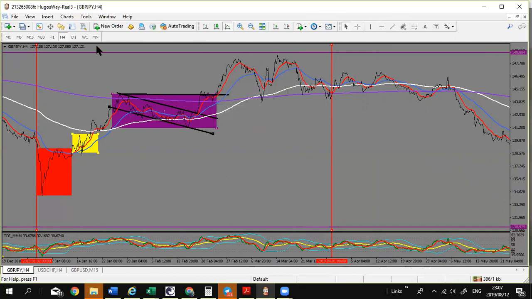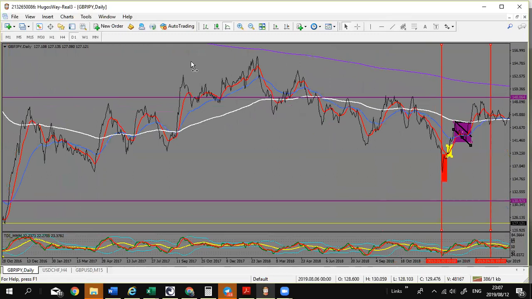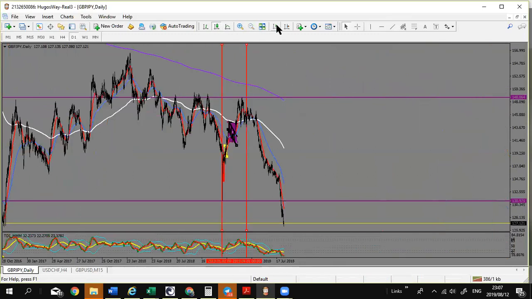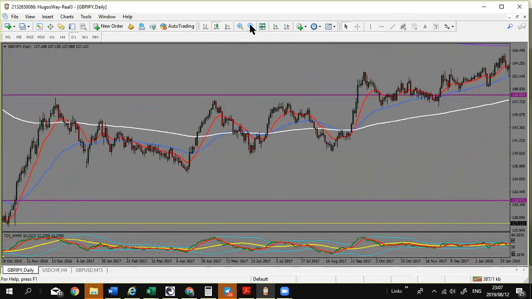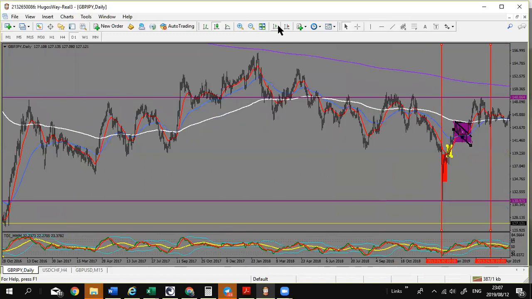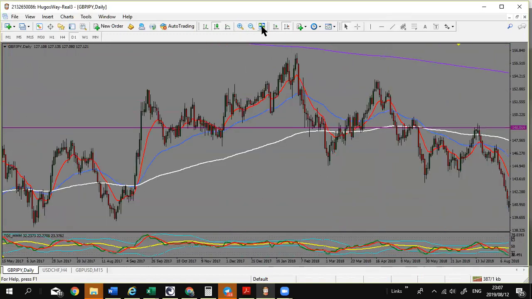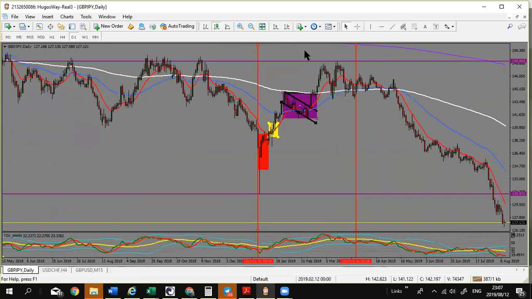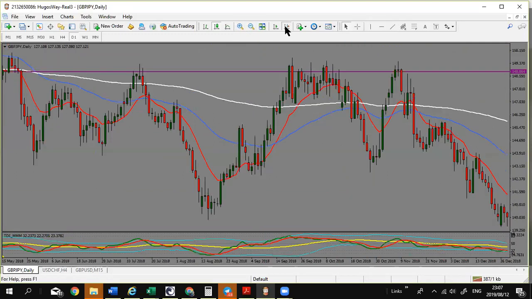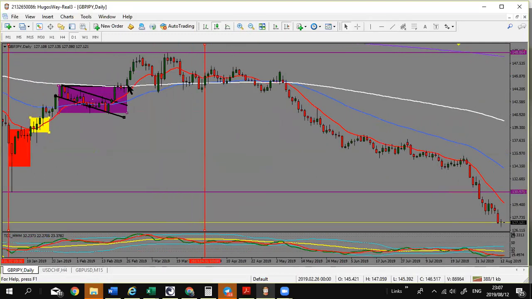And if you go back on the daily, you see 1, 2, 3 vectors and start looking for your sales. So you could have sold from this point and sold from this point as well.